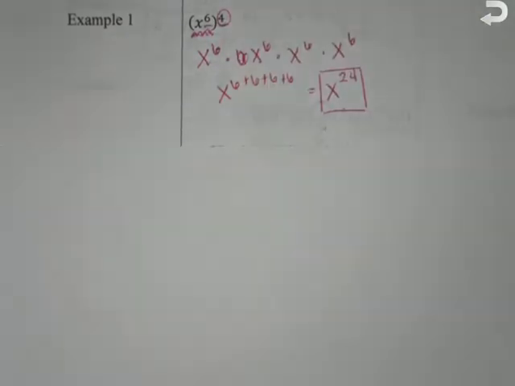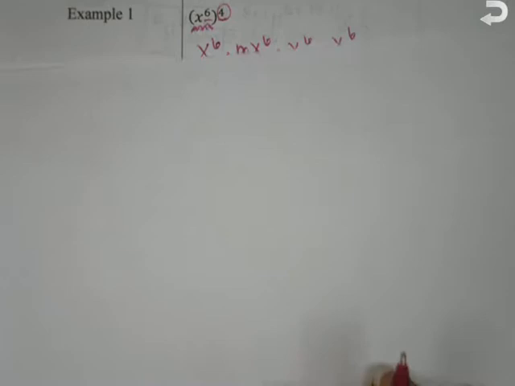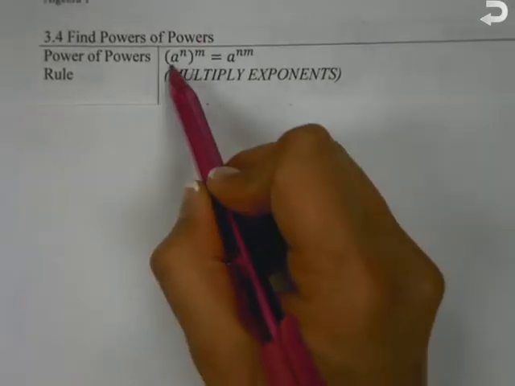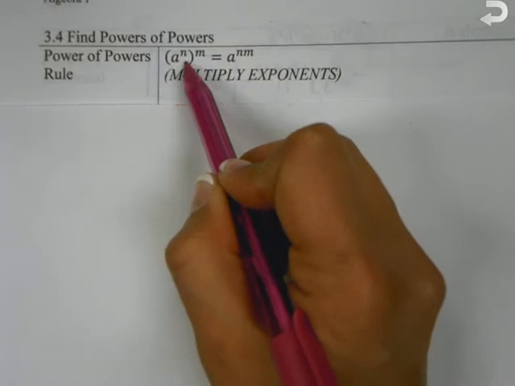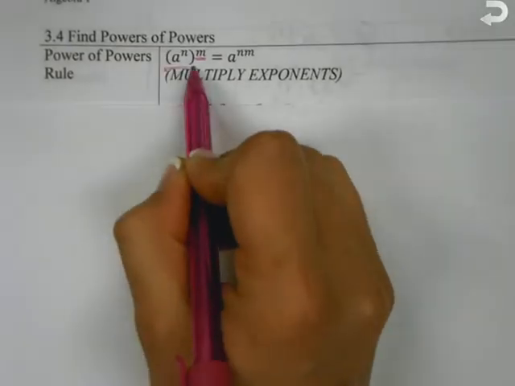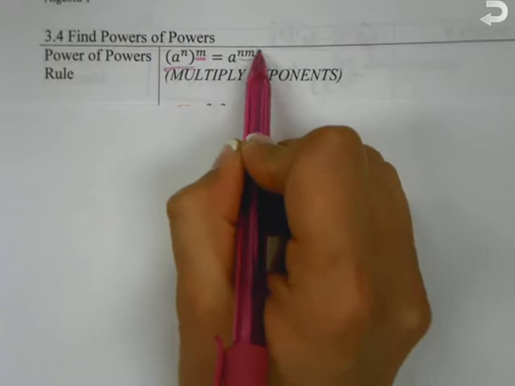No. Our rule is that when I take the power of a power, so that means I have an exponent inside parentheses to an exponent, so it has to look like this, all we have to do is multiply the two exponents together. Okay, so the rule is that you multiply the exponents.